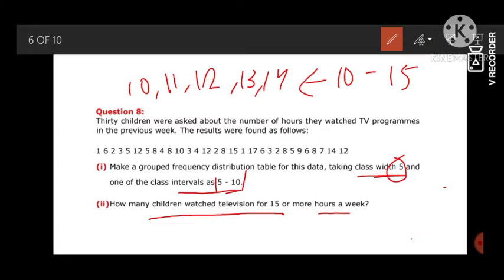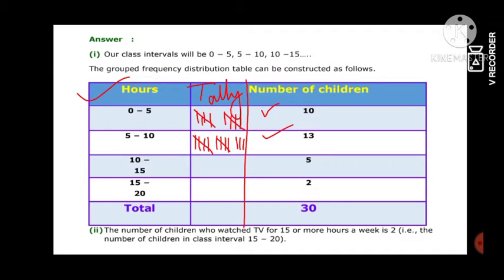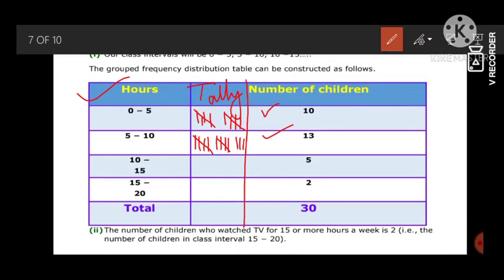So we will consider only these numbers. So 1 over here, 2, 3, 15 we will not consider, 4, 5. So we have only 5. So the number of children is 5 and the tally will be 4 vertical lines and 1 diagonal line.